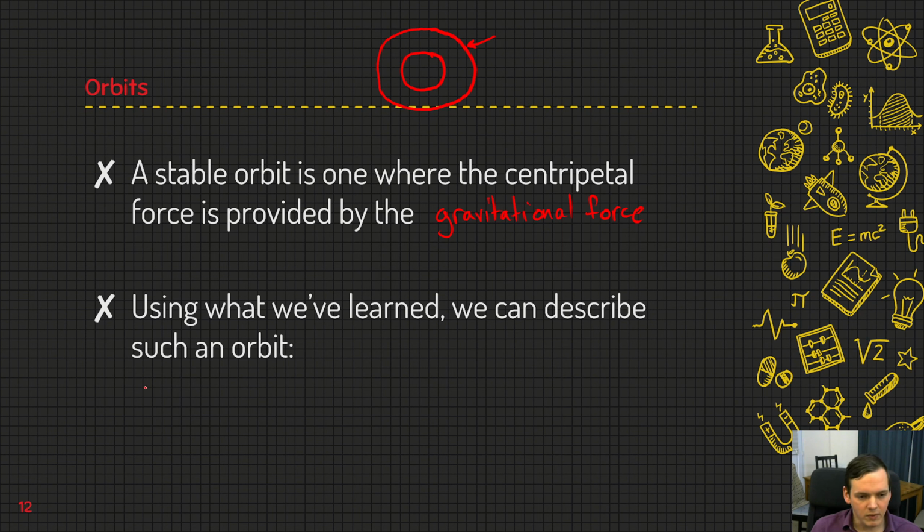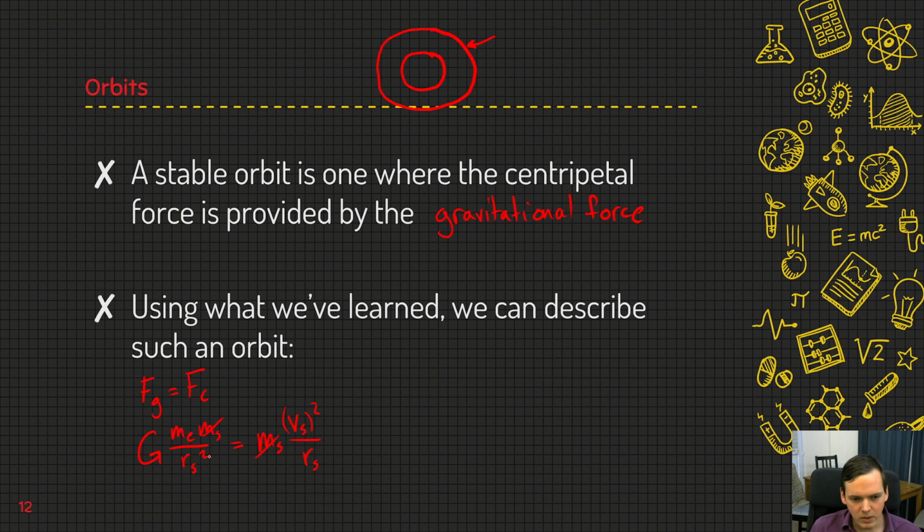So using what we've learned, we can say that Fg is going to equal the centripetal force. Fg is big G times the mass of the Earth times the mass of the satellite, over the radius of the satellite squared. And we know that has to equal the mass of the satellite times the speed of the satellite squared over the radius that the satellite is at.